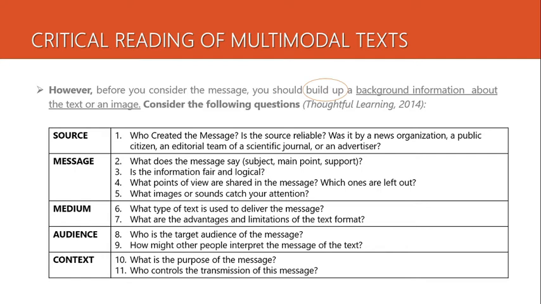And of course, the context. What is the purpose of the sender or of the message of the sender to the receiver? Who controls the transmission of this message? What organization particularly sent the message? So these questions, we will specifically try to answer on the given example on lesson 5.2 later.